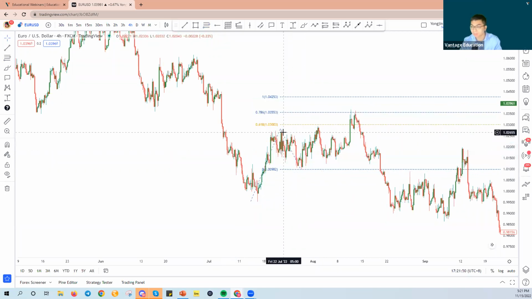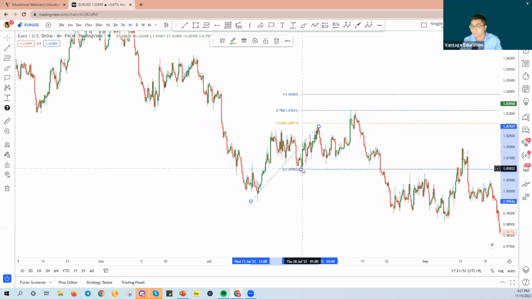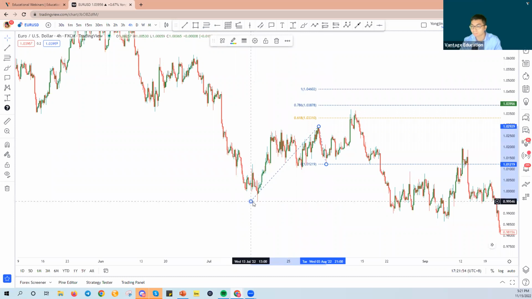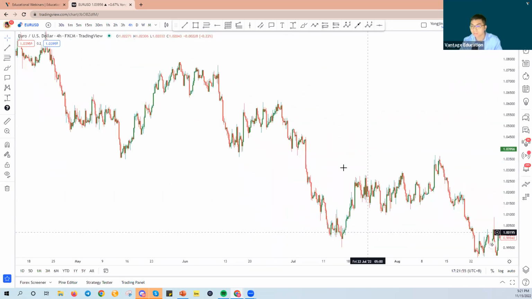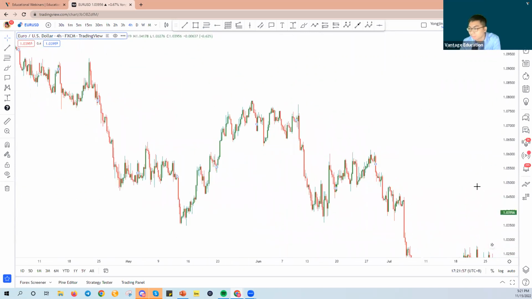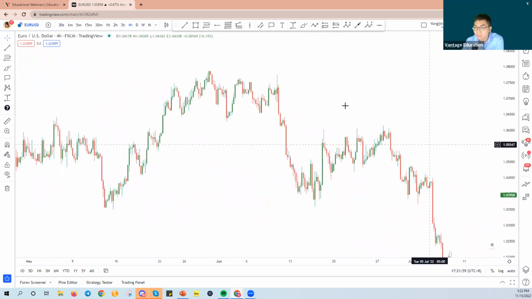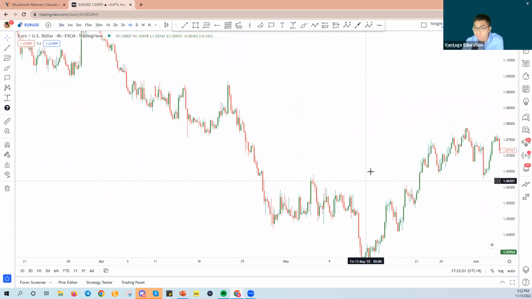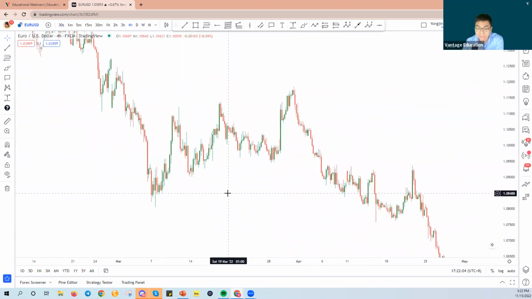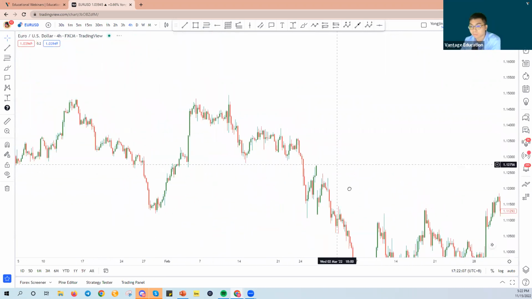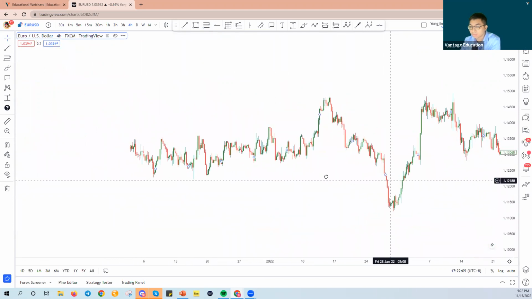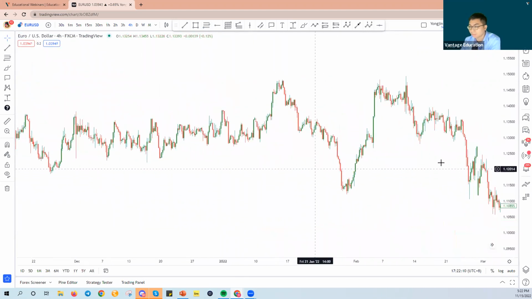Okay, this didn't tap. Okay, this area is not strong enough. It takes time. The setup doesn't happen all the time, but once it happens, it's pretty strong. The reversal happens quite fast. So I'm just finding it.